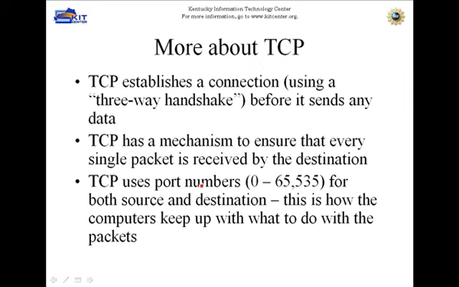TCP also uses port numbers, and these numbers range from 0 to 65,535 in decimal. The number is actually stored as binary, but if you convert it to decimal, this is the range. So TCP uses port numbers for both source and destination. And this is how the computers keep up with what to do with the packets.